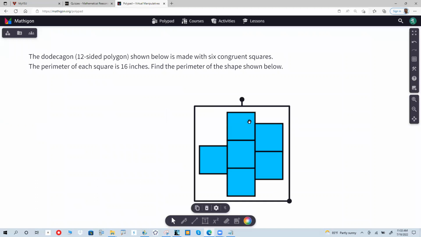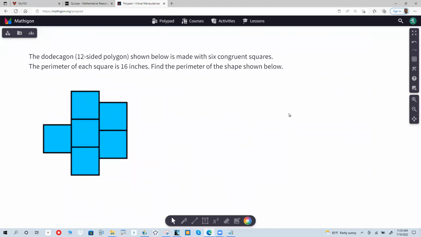So let's work on it. Some of you could do it. Some of you struggled with it. Once again, this is a problem from exam 3. So how do we solve a problem like this? A dodecagon, yes, the shape has 12 sides. We're calling it a dodecagon.